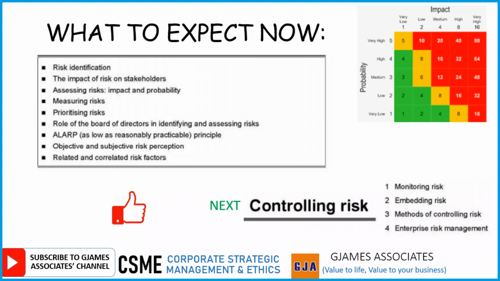We're going to talk about the TARA framework for risk management also. Then we round off controlling risk by looking at enterprise risk management, and we are going to be looking at ERM and ISO 31000 on risk management.